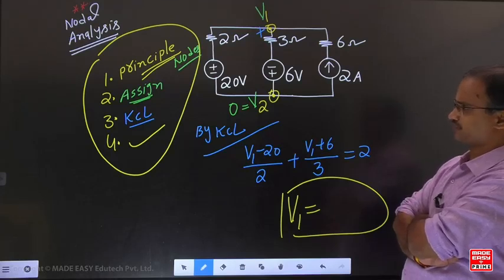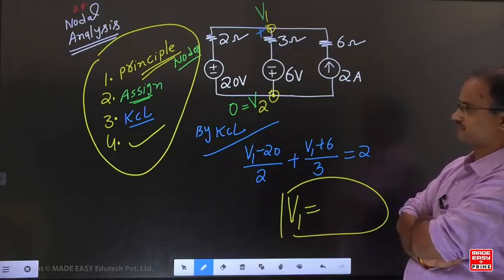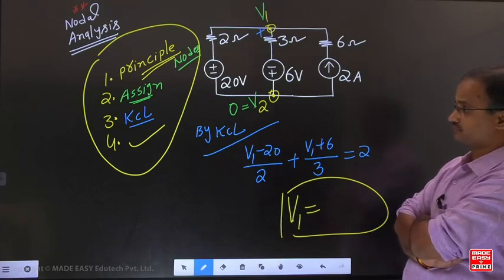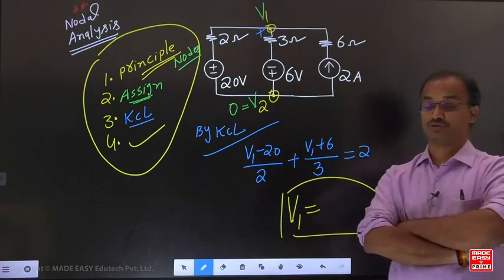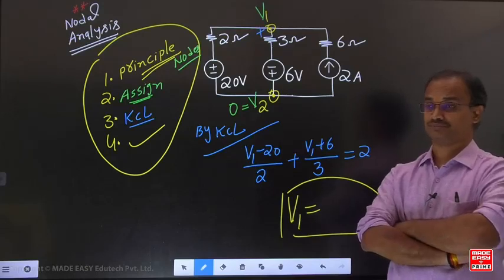The reference node potential should be equal to ground potential.